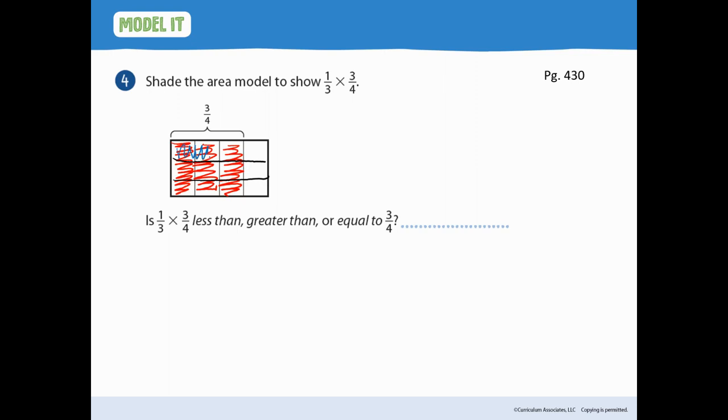And here's my third. Now, what it's asking is the number where both colors are represented in the boxes, which is right here. Is that more or less than 3/4? And that's got to be less than 3/4 because 1/3 is less, right? So again, I'm looking at 3/4, and I'm multiplying it by a third. That is less than 3/4.